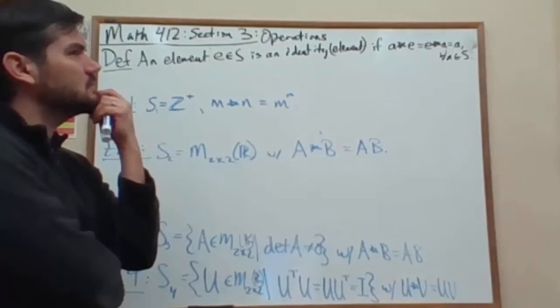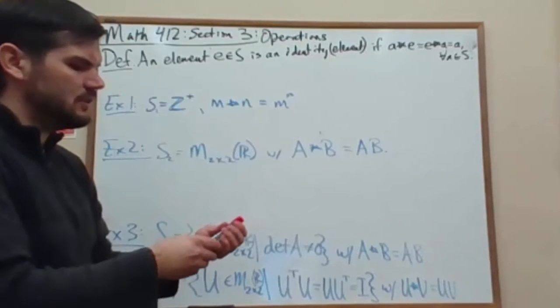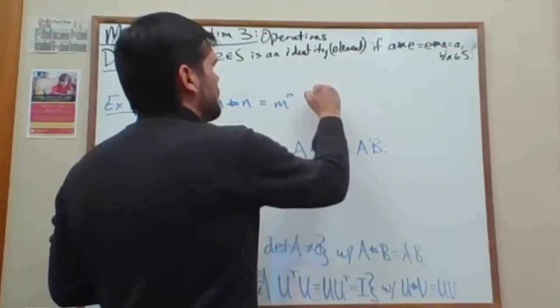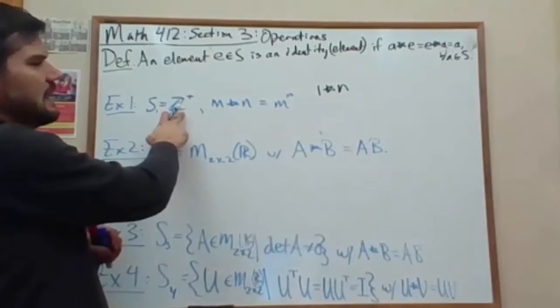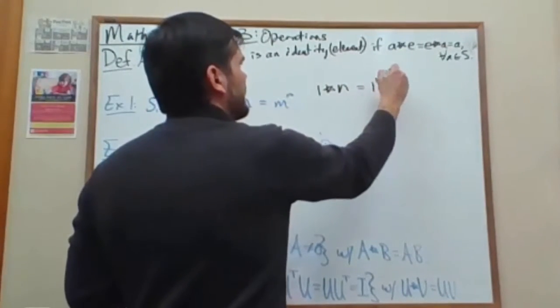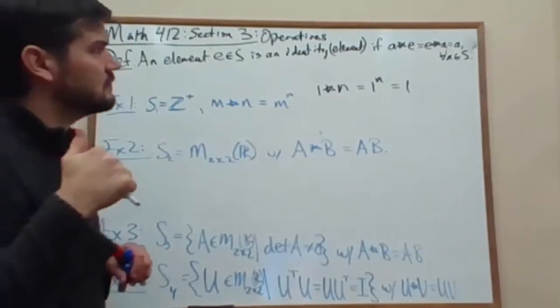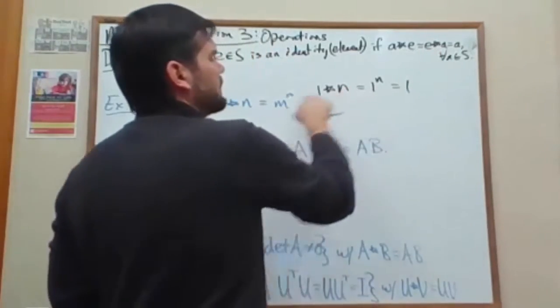But does that work? That's an interesting feature. If I have 1 times n for any positive integer n, that's 1 to the n, which equals 1. So I can think of that as e times a. There's my a.